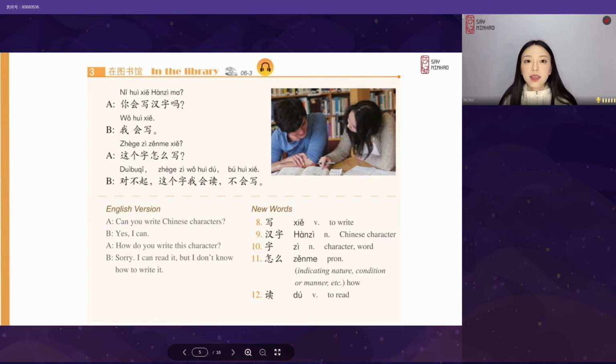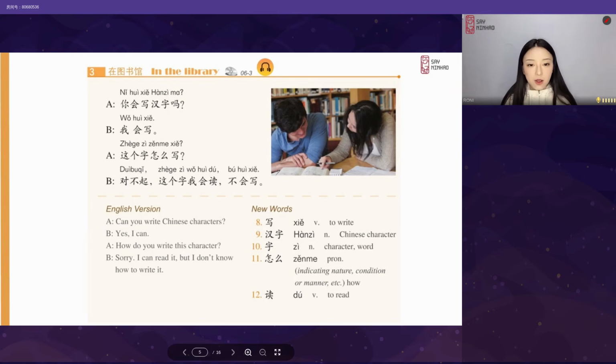Now let's try to read it from the start. 3, 2, 1. 你会写汉字吗？我会写。这个字怎么写？对不起，这个字我会读，不会写。Now I will be A and you will be B. 3, 2, 1. 你会写汉字吗？这个字怎么写？Okay, very good.